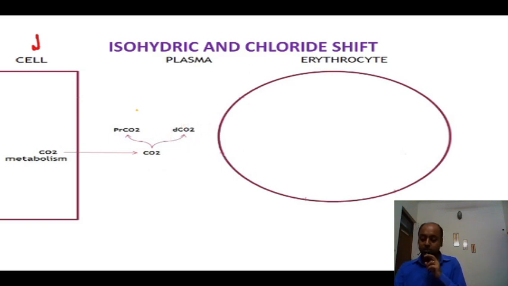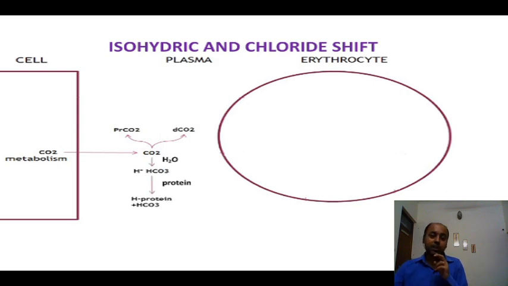Some of it will get dissolved, but a large number of it combines with water, forms carbonic acid, and then dissociates into H plus and HCO3 minus. Some of the H plus will attach to the protein.